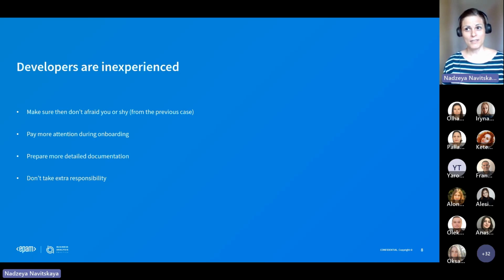I don't think this is the responsibility of business analysts. So you can send such a developer to the development team so they can discuss these things. You don't waste your time, and developers will understand these questions within the development team more easily.